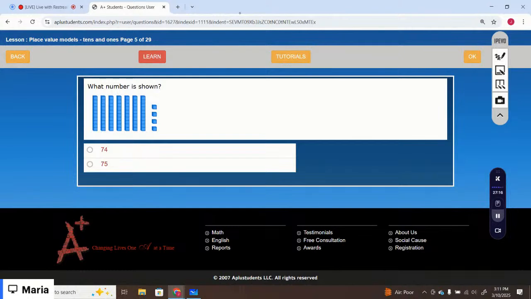What number is shown? That is 74. Option number one is the correct option.